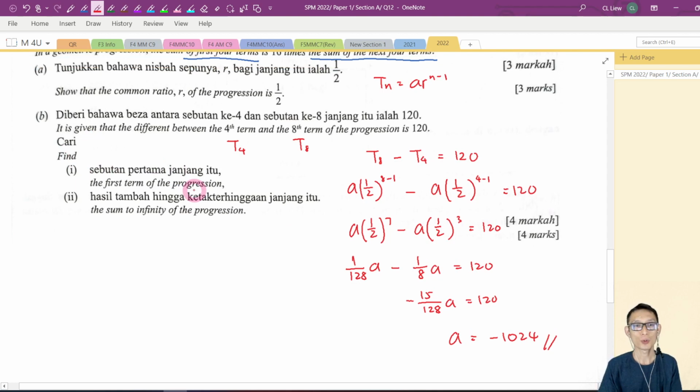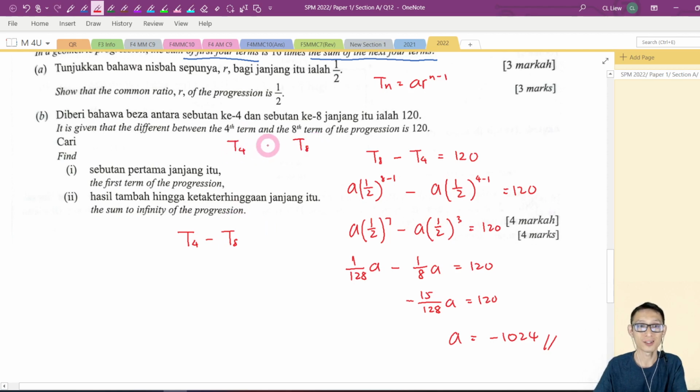Okay, just now I told you that actually the questions should tell you, in my opinion, that the A is positive or negative, because some students might do it this way, T4 minus T8, right? Because we don't know the A is positive or negative, so that we don't know which one is larger.